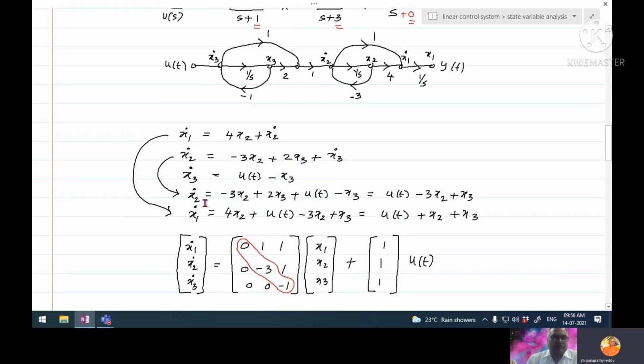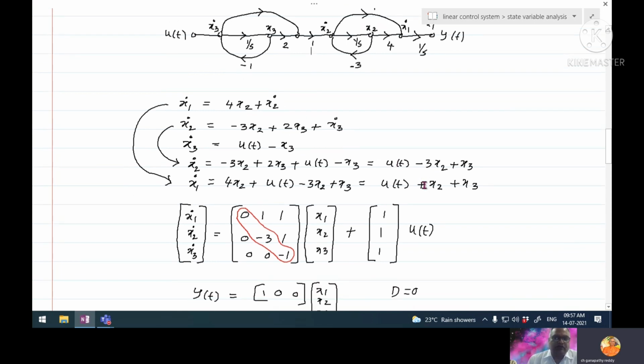Now we have to simplify further. x2 dot contains x3 dot, so substitute this x3 dot here and you will get this. Then x1 dot contains x2 dot, and x2 dot contains this equation, so if you substitute here, you will get this. It is just simple simplification.